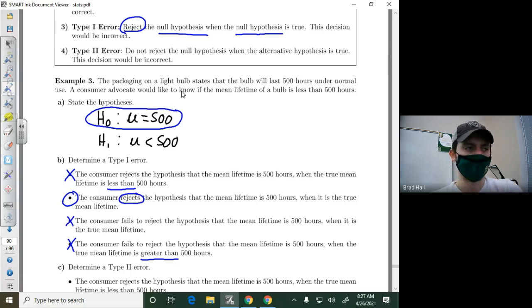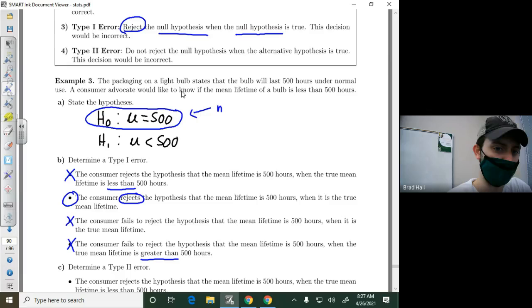So notice what the answer choice we selected says. You reject the hypothesis that the mean lifetime is 500 hours. So the mean lifetime is 500 hours. That is the null hypothesis. That's exactly what the null hypothesis says. Mean is 500.